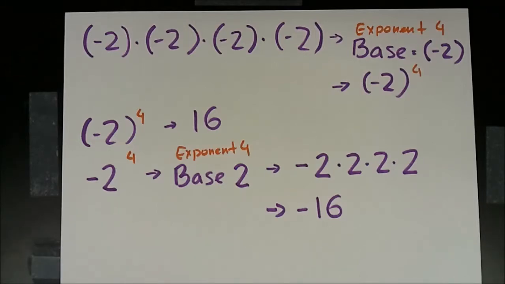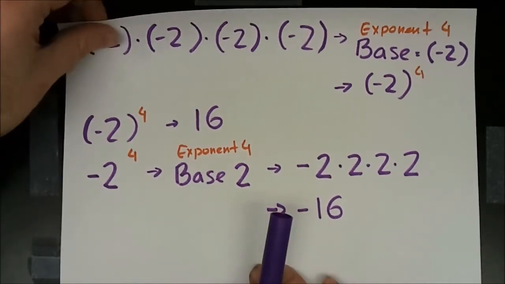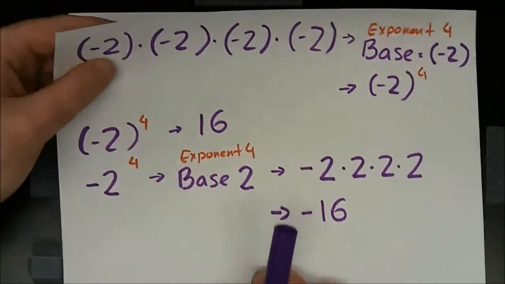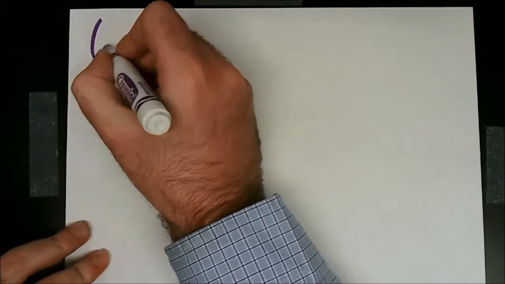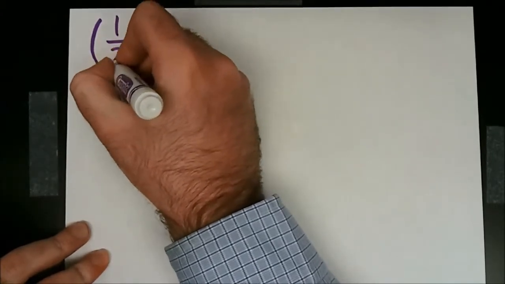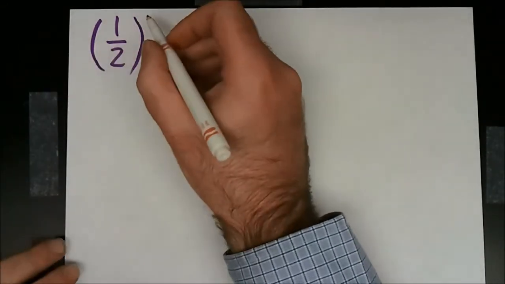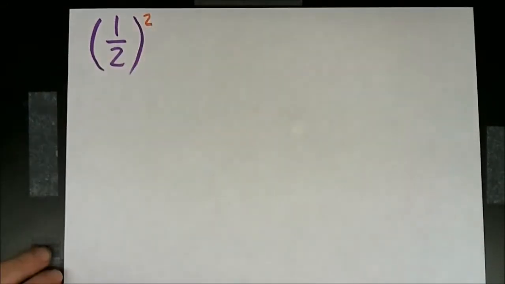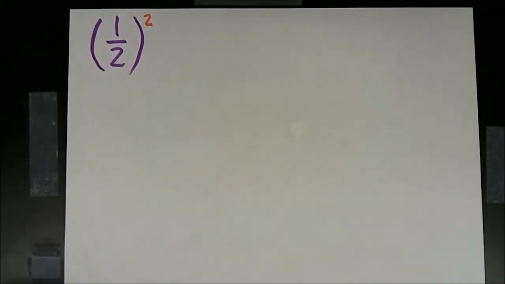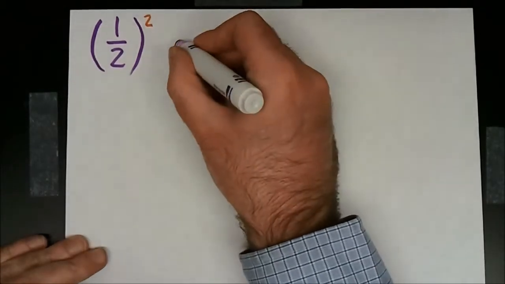Now let me go back and look at the fraction. Probably should have done that before I moved on. I had this fraction 1/2, and if my memory recalls, it was to the 2nd power, and that meant, I'm not going to go through the whole what's the base, what's the exponent, since we did this once.